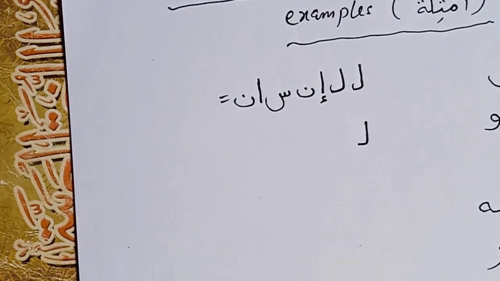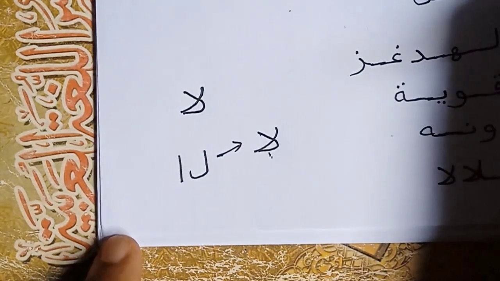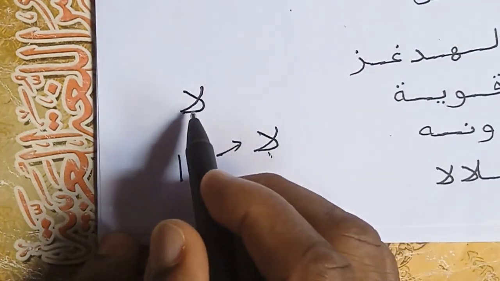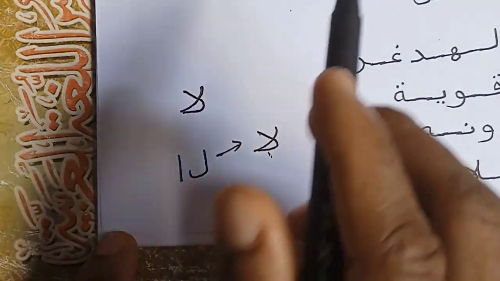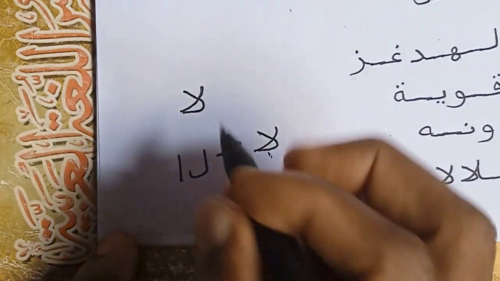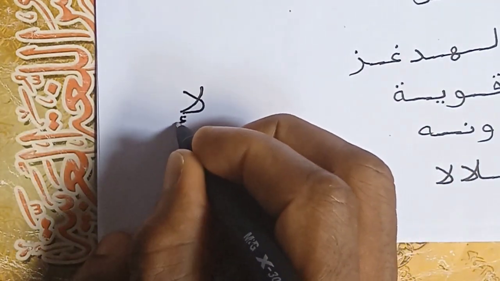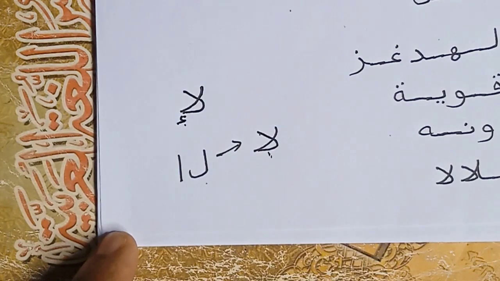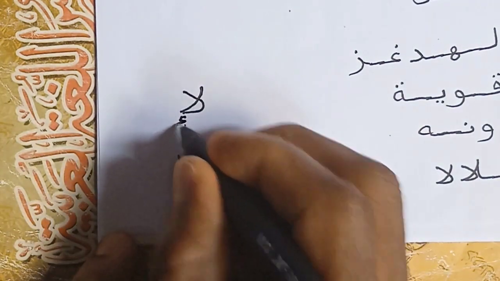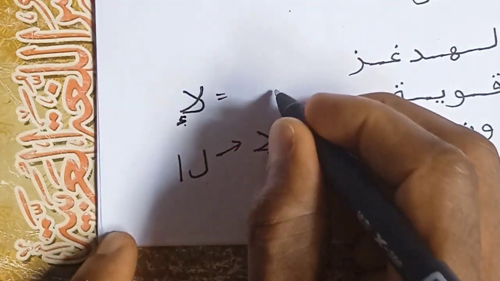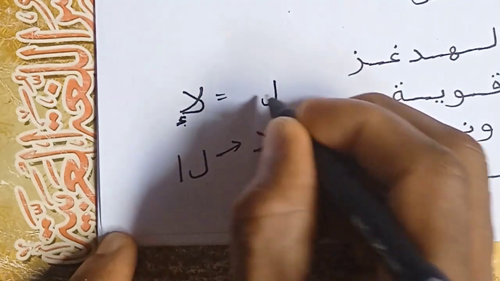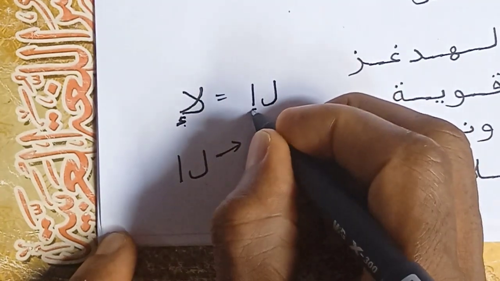So for joining the lam alif, as I indicated here, the only thing that affects what we are joining now is to just introduce the hamza over here, whenever we have something of this nature, lam and alif with hamza.